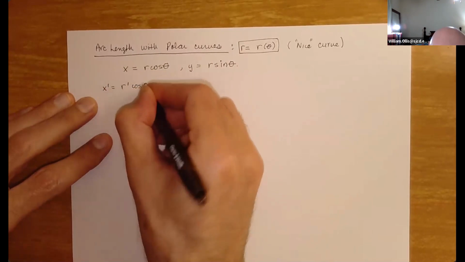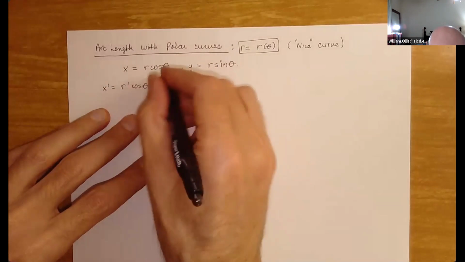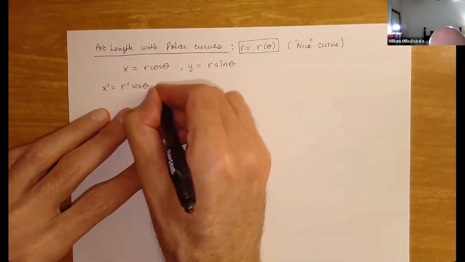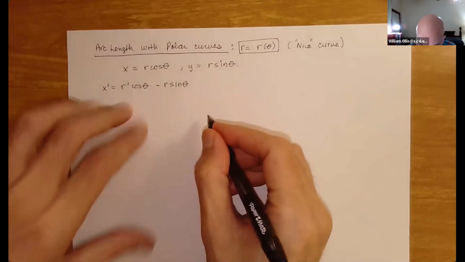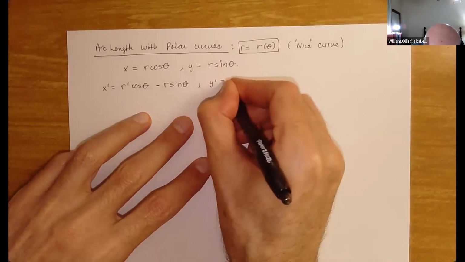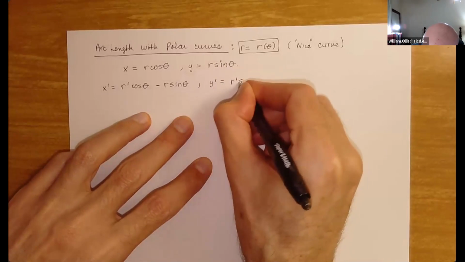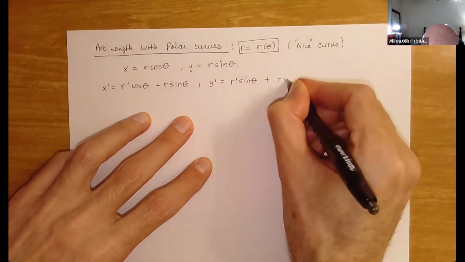We've done this before, this is old hat from the vertical tangents and all that. The derivative of cosine being the negative sine. And y prime is r prime sine theta plus r cosine theta.